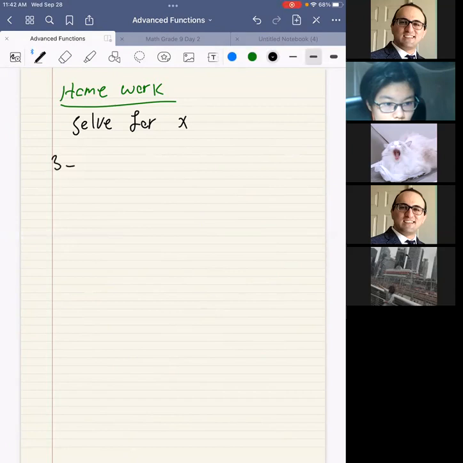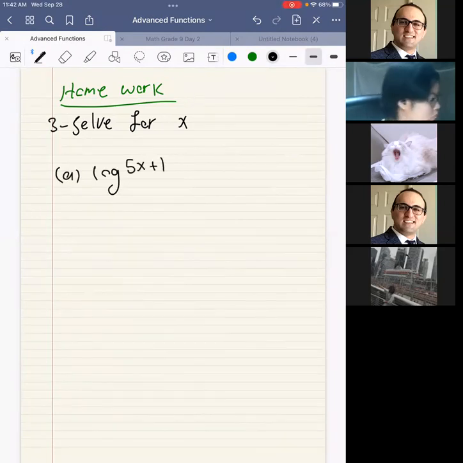Log of 5x plus 1, plus log of 5x minus 1, equal to 0.